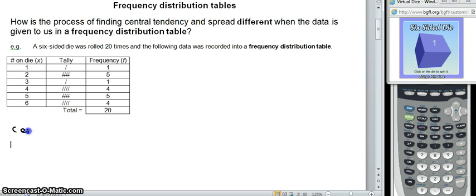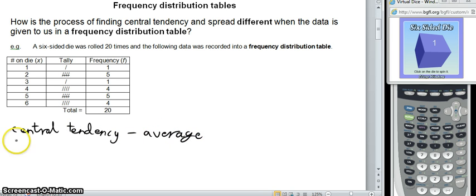So the central tendency. As I said, it's often referred to as the average. Let's go with the easiest first. The mode is the number on the dice that turned up the most.